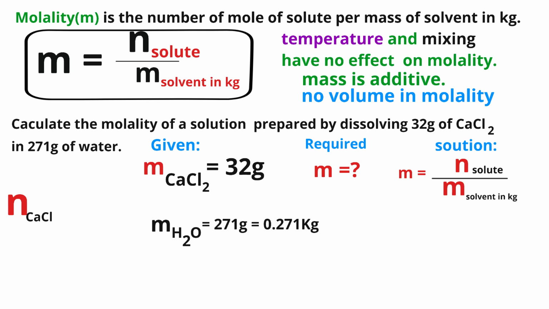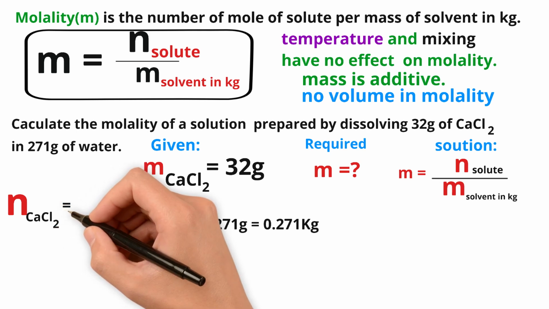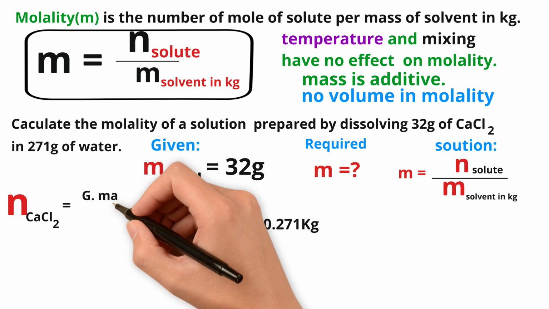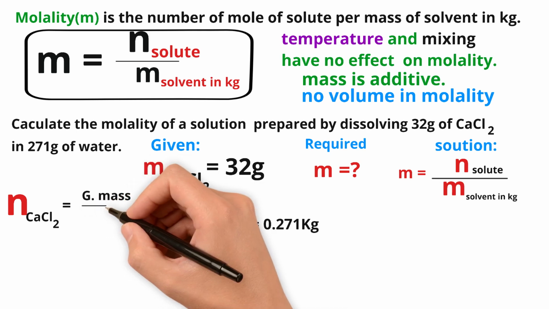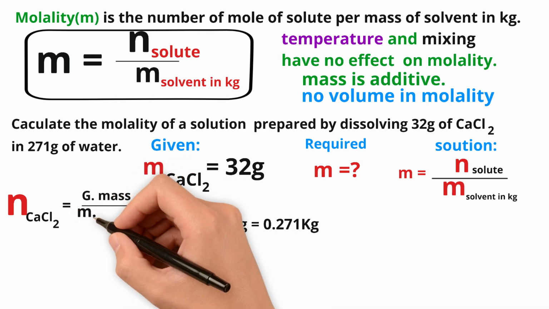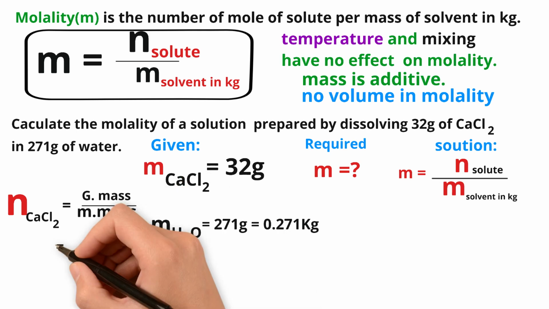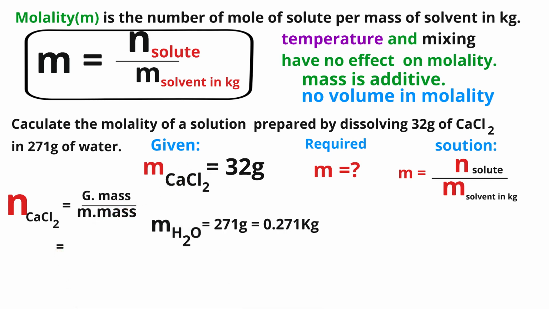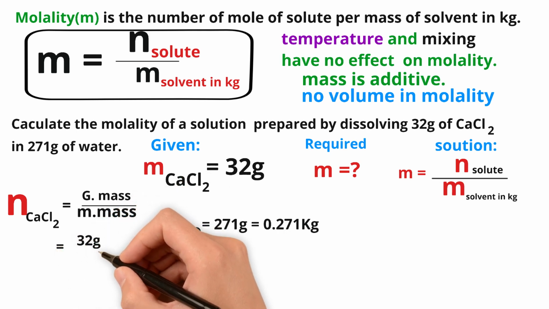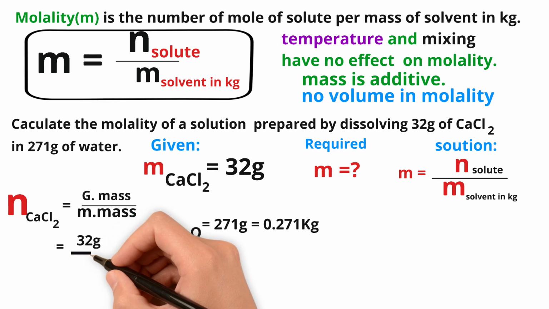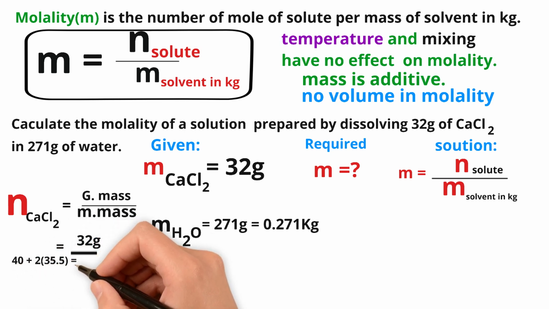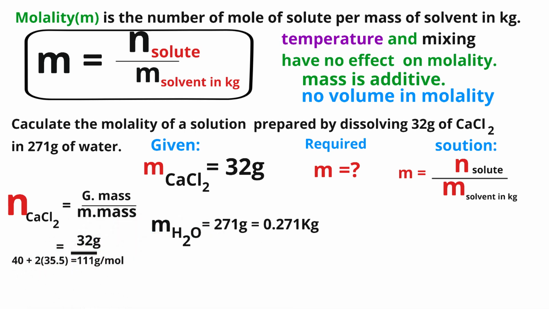Mole of calcium chloride is equal to given mass of calcium chloride upon molar mass of calcium chloride. The given mass here is 32 gram, and the molar mass is equal to 40 for calcium, 2 into 35.5 for chlorine, which is equal to 111 gram per mole.